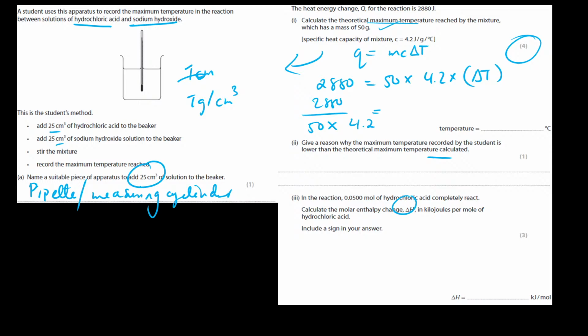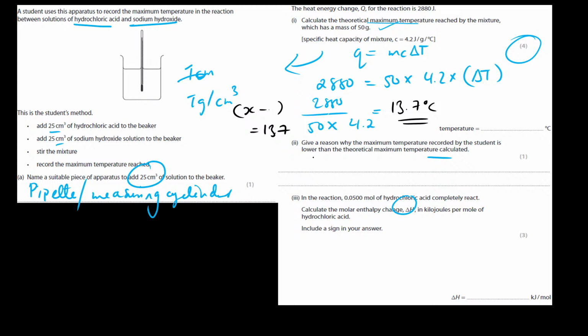Well done. 13.7. Brilliant. I believe my question got cut up, but basically you had to use an algebraic equation to work out the change, which would be x minus your initial temperature, and that would have been 13.7. But I think the question got cut up at the beginning, so apologies for that.